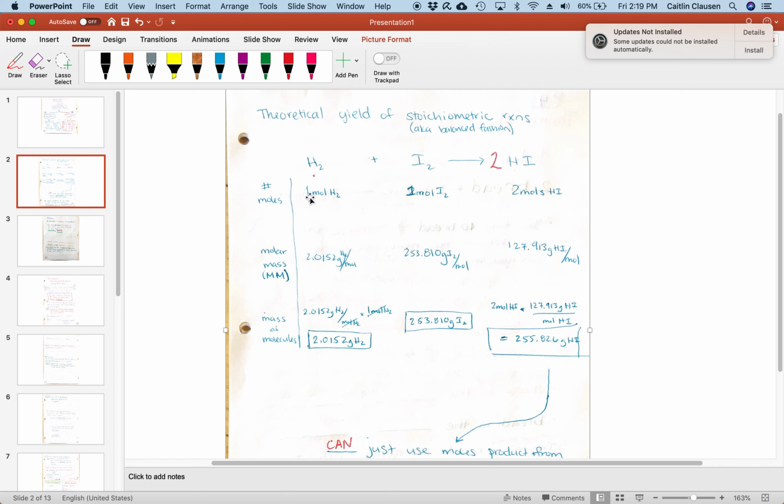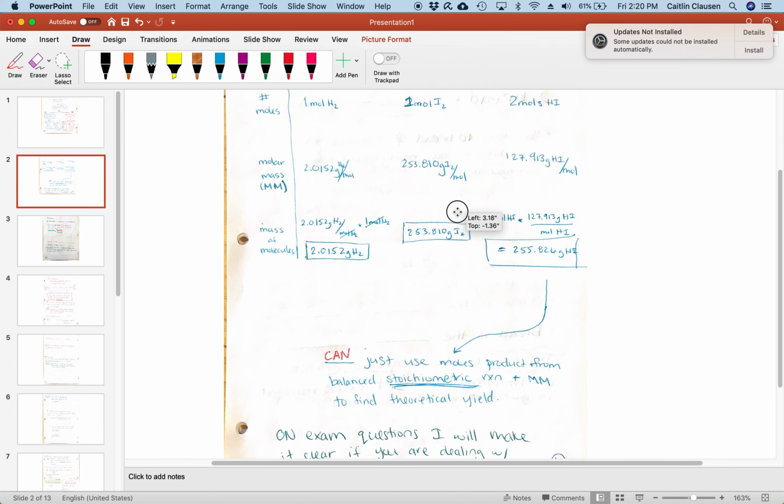For that, you have the balanced chemical equation that gives you the moles of each molecule present, and then you calculate the molecular mass, and using those two values, you can then calculate grams.